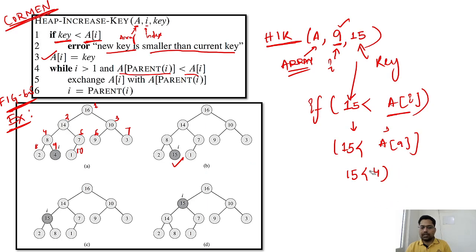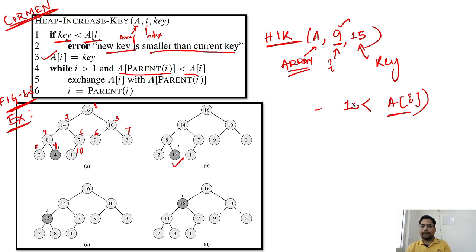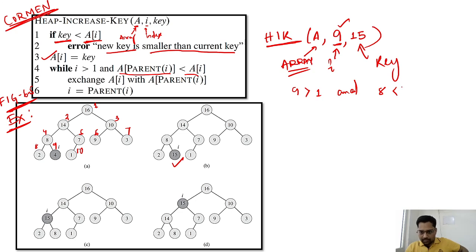I'm just changing the value. Yeah. Now the while condition we are running: 9 is greater than 1, and the parent of I is 8. Now 8 is less than 15. Clear?